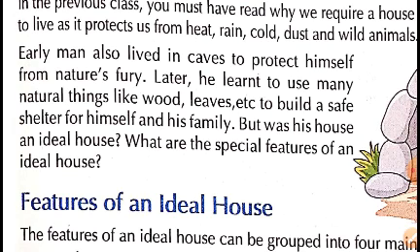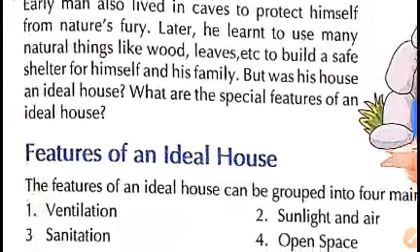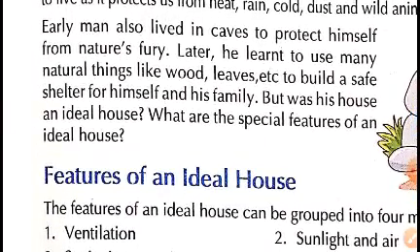So all those things which they could get easily around them. So they took wood, leaves, etc. to build a safe shelter. Before that, they lived in a cave. Here we can see a cave where an early man is sitting. So now they started building houses with the materials which were available to them.